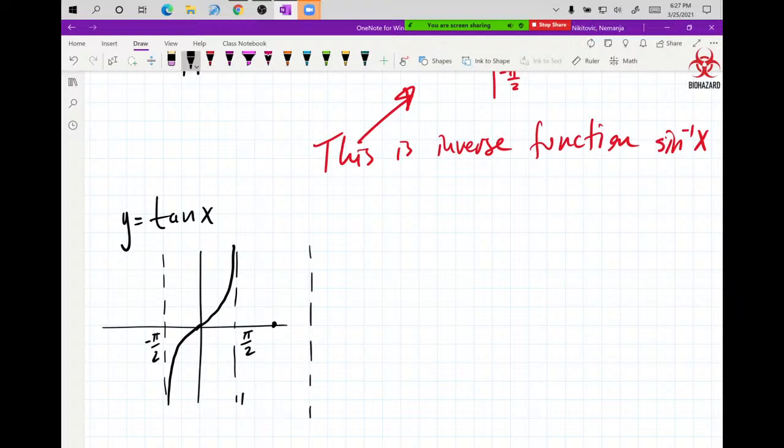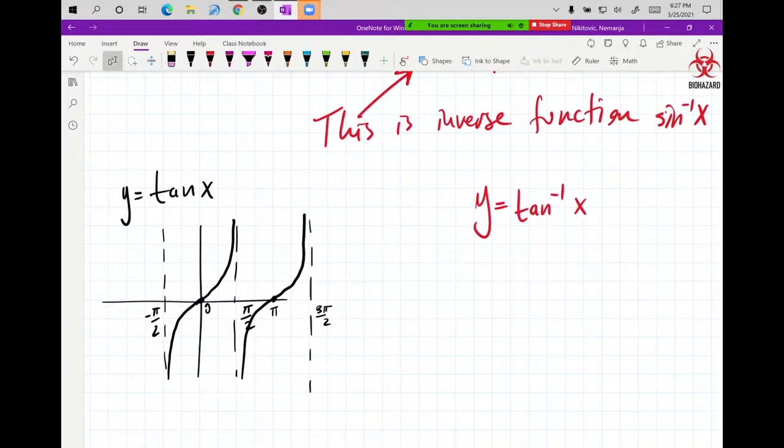And the next one, and the next one, and the next one. Right? This is a 3 pi over 2. And it cuts through pi. This one cuts through 0. So how many of these do you have? You have infinitely many. Well, that means that when you draw the inverse of tangent, it will stack up, right?